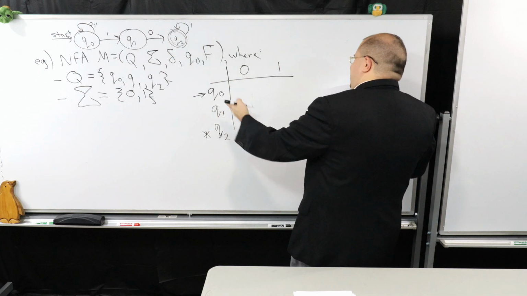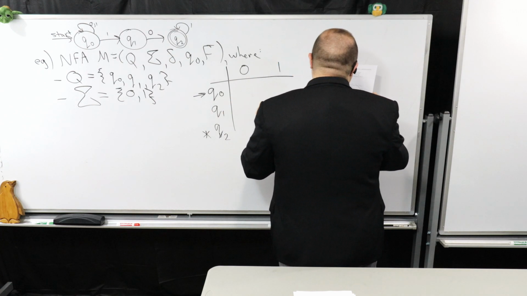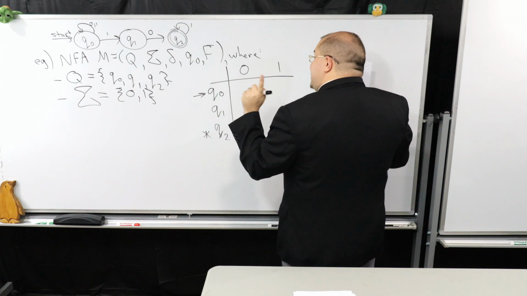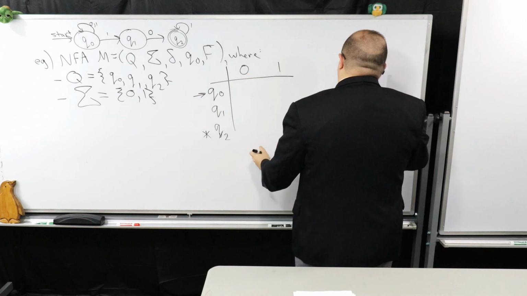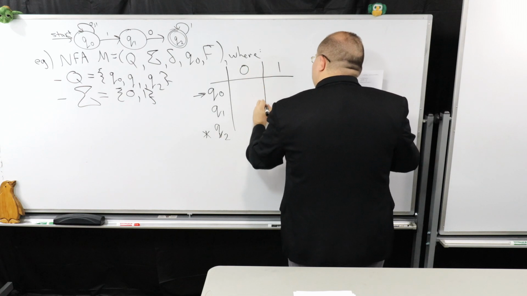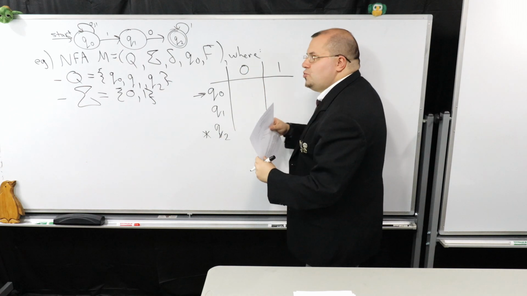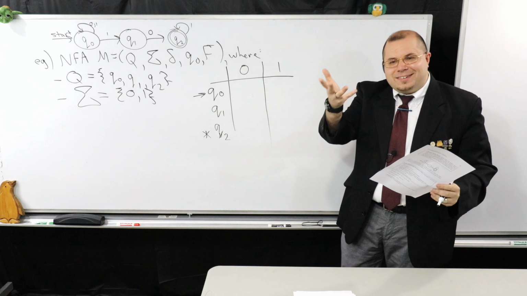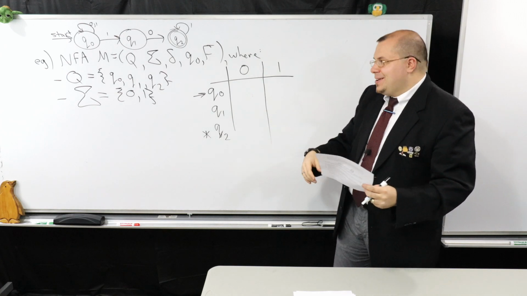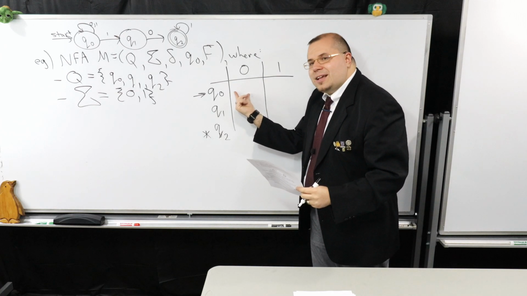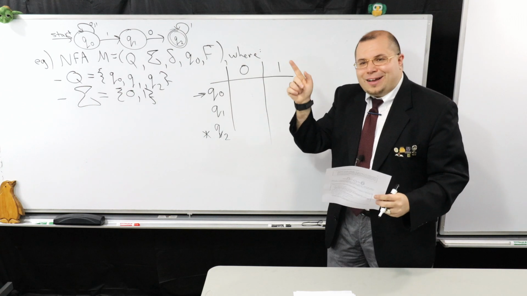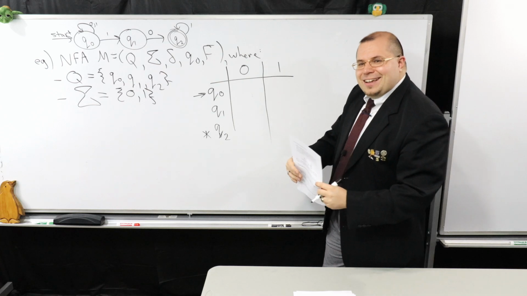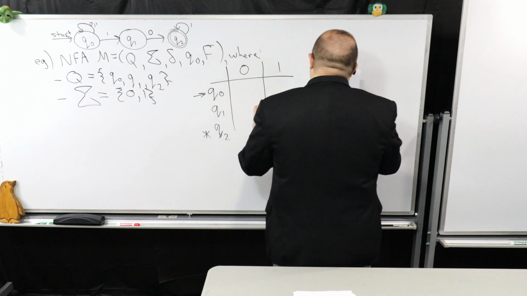So I don't even have to explain this in more careful detail. But the thing that's going to be different now is the entries in this table. Because remember, I told you the delta is going to spit out a subset of Q. So instead of it just being a single state like before, it's going to be actually a set that's going to be right here. So get prepared to write a lot of curly braces. Just giving you some warning.